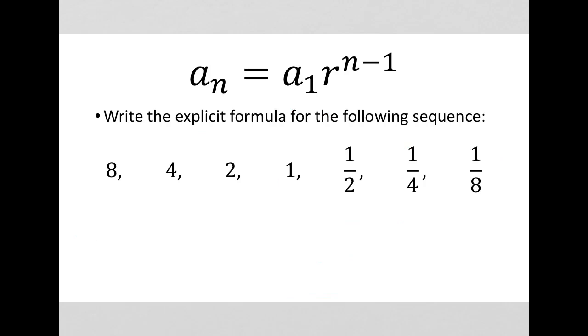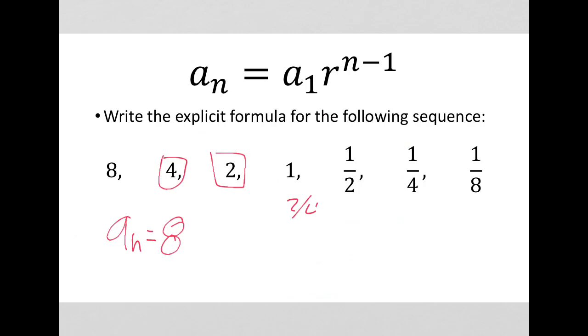So let's try that with this problem right here. Write the explicit formula for the following sequence. Well, that should be pretty quick. A sub n equals my first term, which is 8, times my common ratio, which I can find by choosing a term and dividing by the previous term.